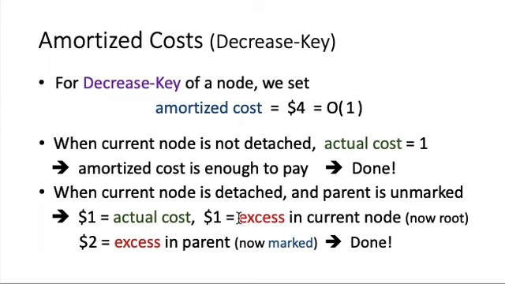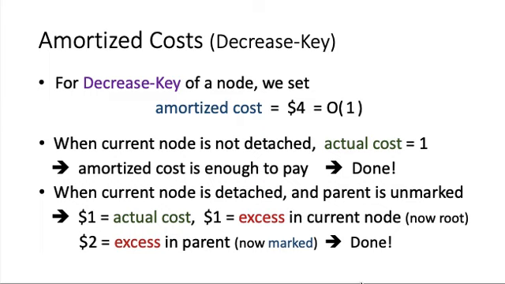This is stored as the excess in the detached node because it now becomes a root. The root node has $1 as its excess. Also, the parent node will now be marked because it has lost its first child. When the parent node is marked, we put up $2 as the excess stored in the parent. So altogether, 1 for the actual cost and 3 for the total excess, so $4 will be enough. This is the case when the current node is detached but the parent is unmarked.